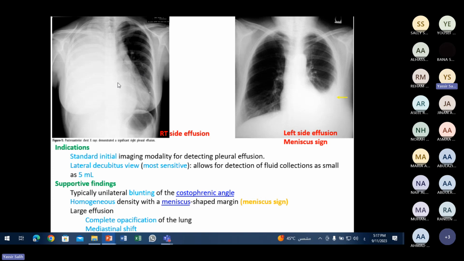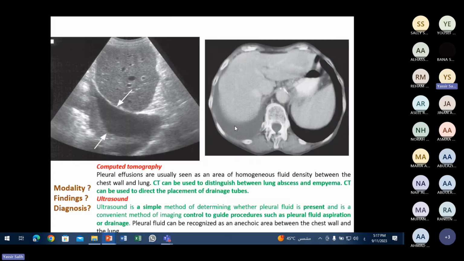This is how to diagnose pleural effusion on radiograph by X-ray according to the quantity. Lastly, the large amount causes complete opacification with shifting of the mediastinum; moderate shows the meniscus sign; and if small, there is no other image, you must find the costophrenic angle blunted or obliterated.